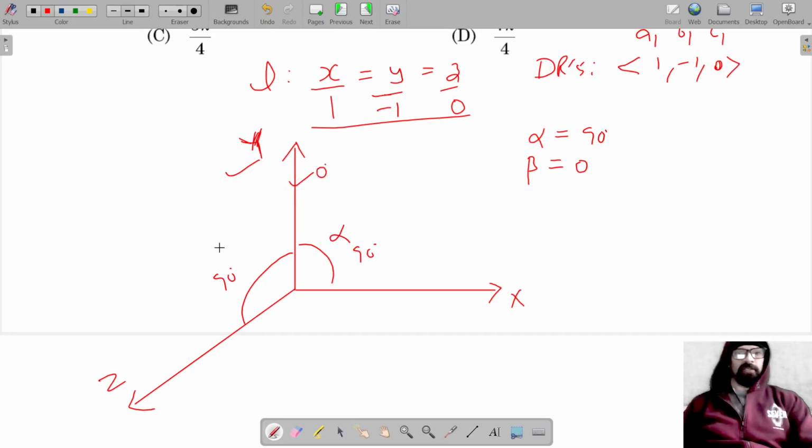So I have given them the names alpha, beta, and gamma. These are the angles that the y-axis makes with the x, y, and z-axes.